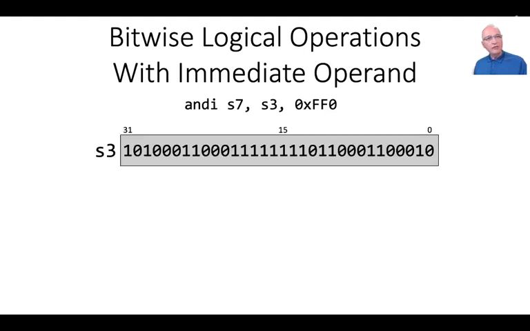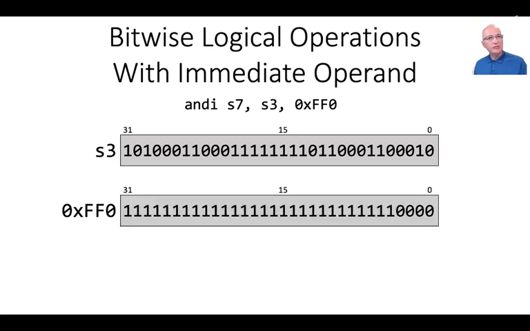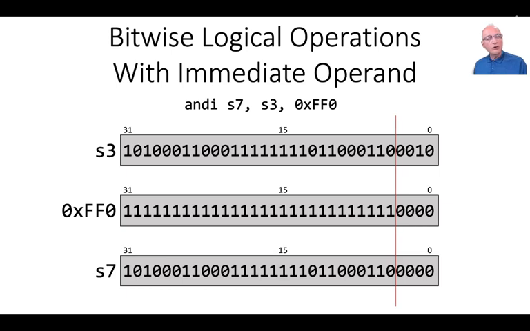I could also have an ANDI where the most significant bit of the 12 bits is equal to 1, and it should be sign extended as shown in the slides. In this case, the lower 4 bits are masked to 0, and all the other bits are copied.